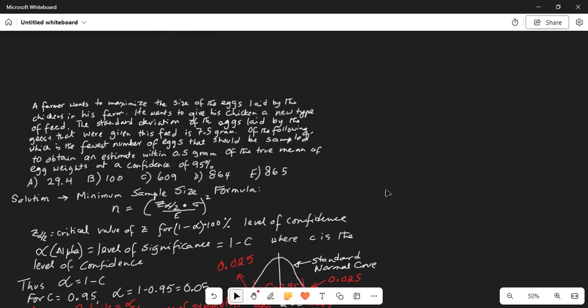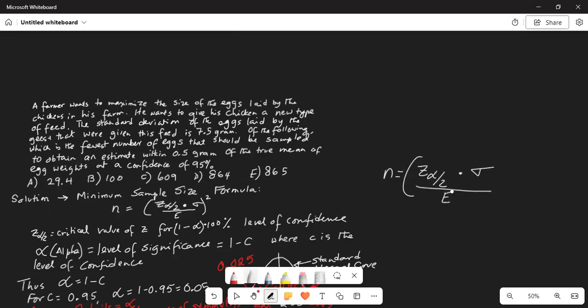So N is equal to Z alpha by 2 times sigma divided by margin of error, squared. Let me erase that and write it nicely.